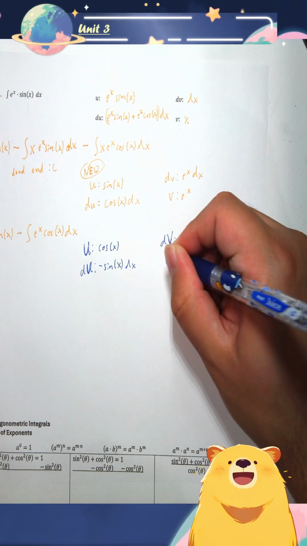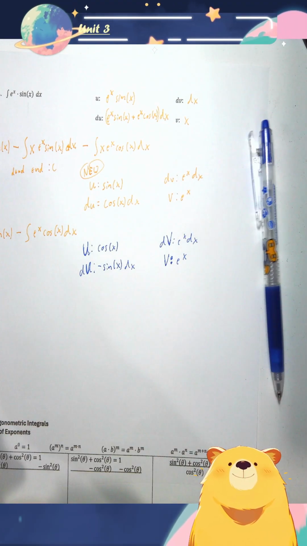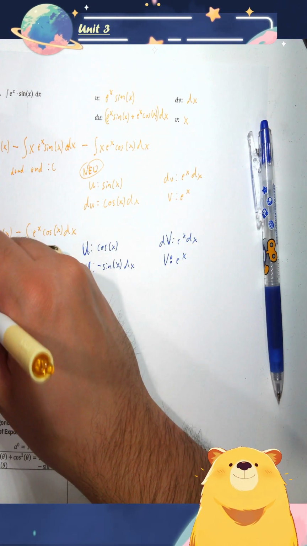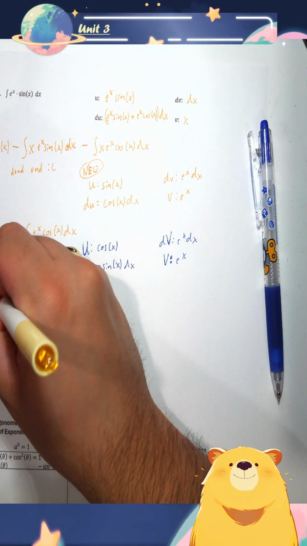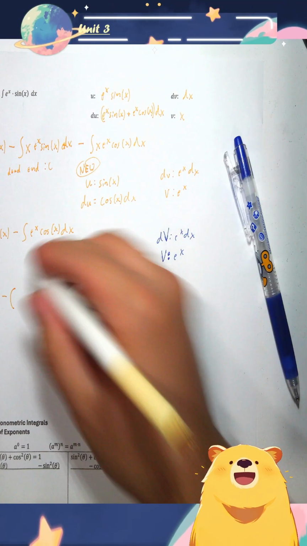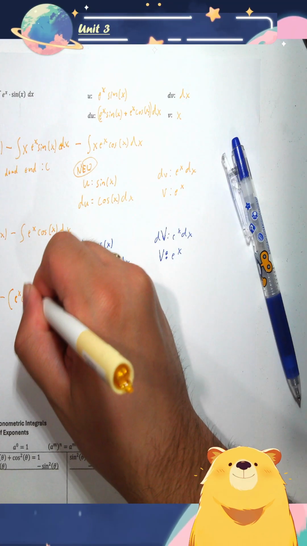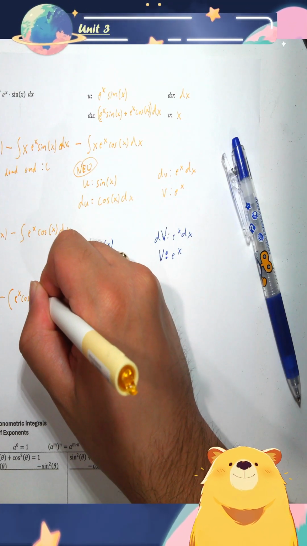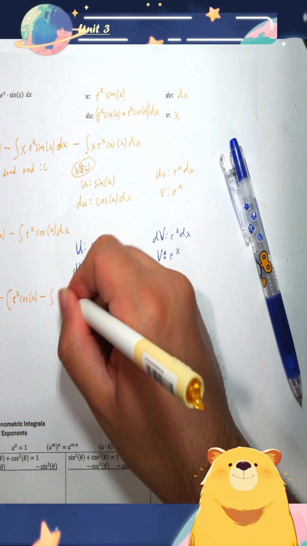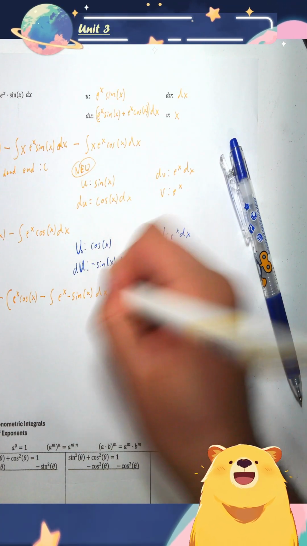Then the v will be e to the x. So we have e to the x sine of x minus the parentheses of u times v, so e to the x cosine of x, minus the integral of e to the x negative sine of x dx.